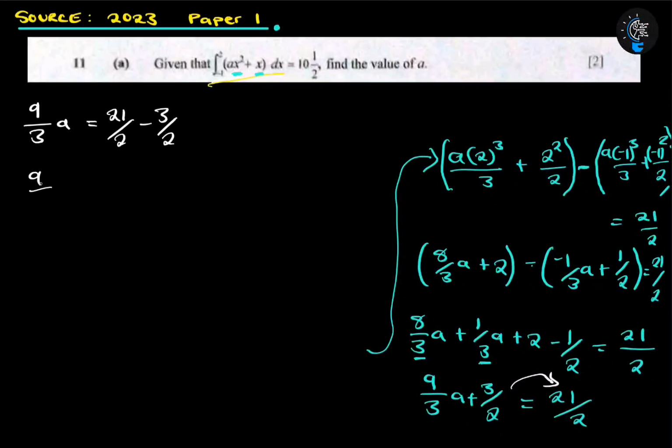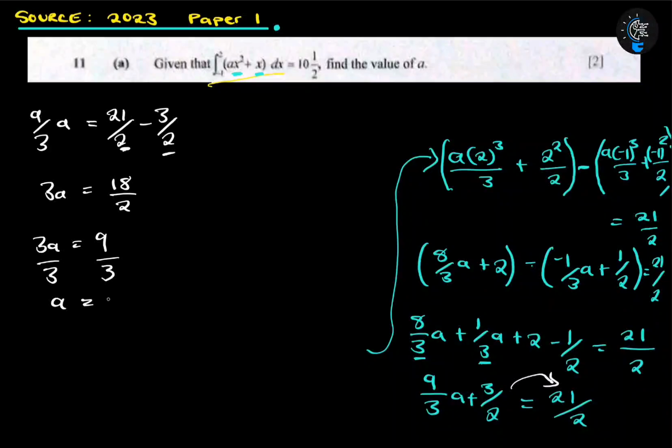On this side, 9 over 3 we can evaluate, and 9 over 3 is equal to 3. So 3a is equal to, on this side, since the denominators are the same, we can just say 21 minus 3. Once you subtract 3 from 21, you will remain with 18. So 18 over 2. From there we know that 18 is divisible by 2, and we are going to get 9. Divided by 3, we are going to get a is equal to 3. And that is your answer.